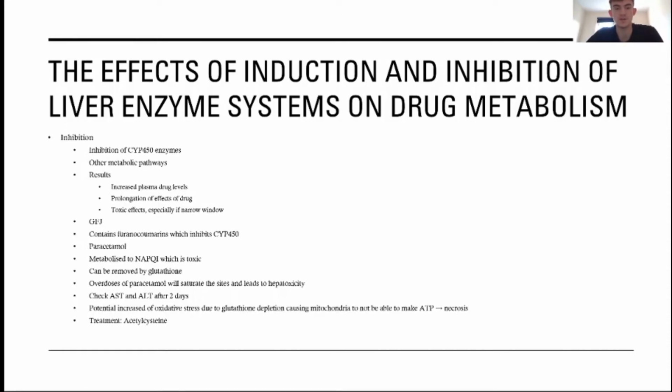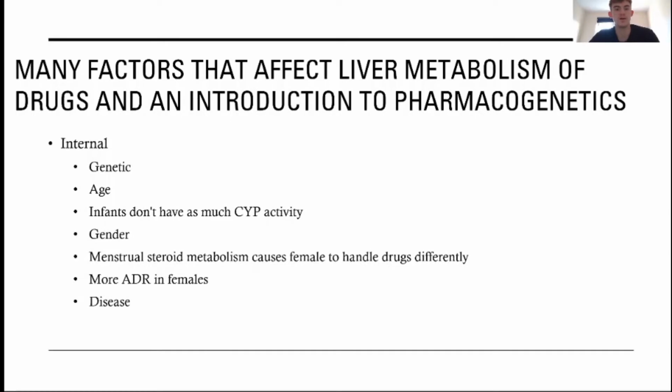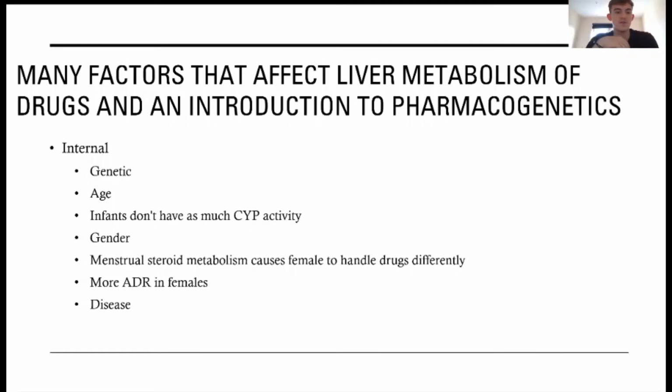So that can be easily treated. Now if we talk about the factors which affect our drug metabolism, we've got internal and external factors, as with basically anything you do in science. We've got the internal ones: your genetics, and age, so infants don't have developed CYP activity, and the same with the elderly, who have decreased activity of these enzymes, so the drugs aren't broken down as efficiently.